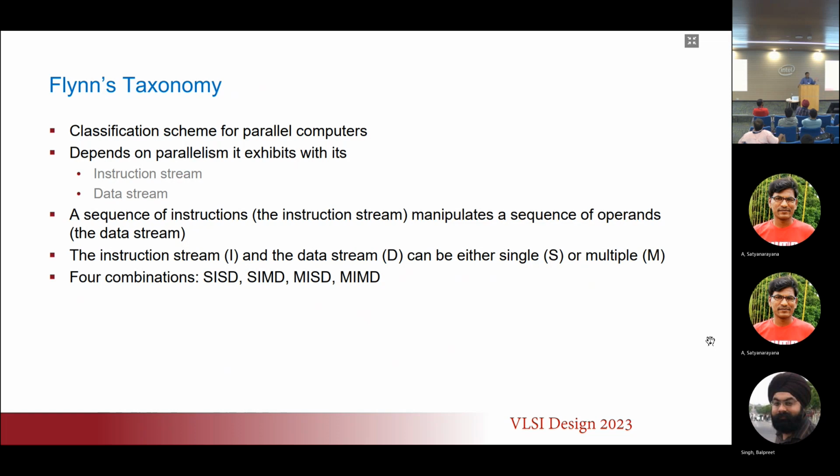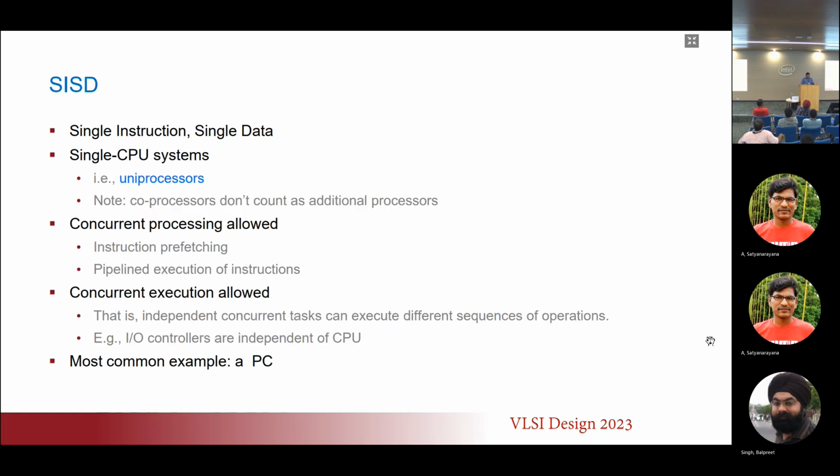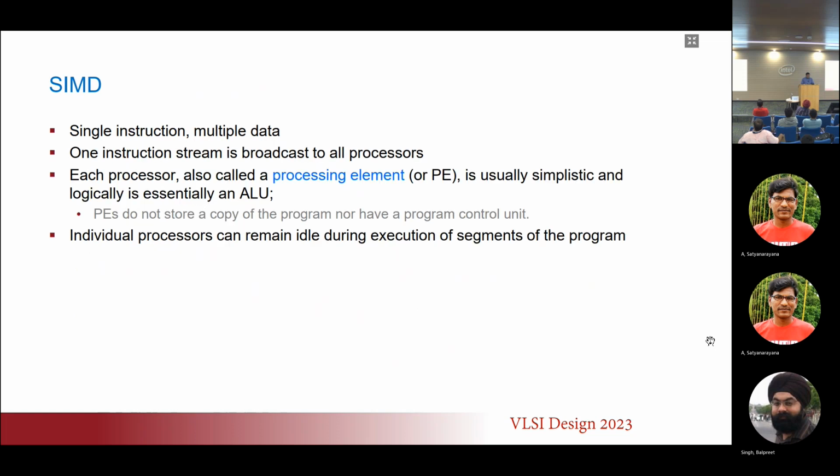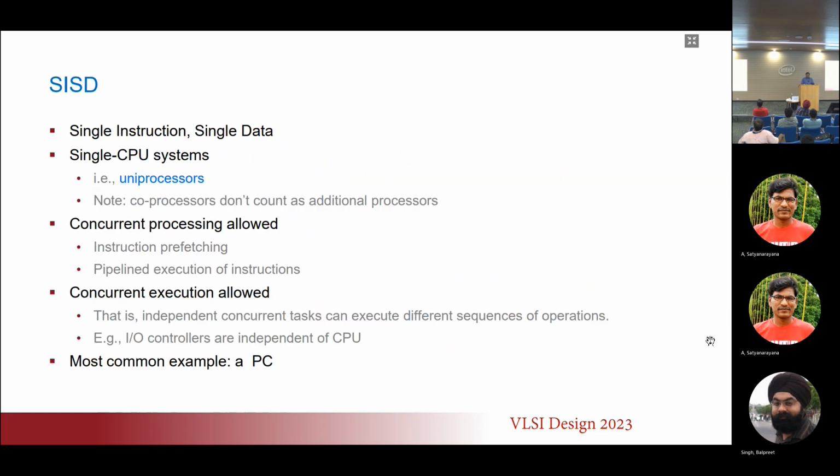So I'll have multiple instructions, and I can have multiple data. Accordingly, I end up with 4 combinations. I'll skip over SISD, which is the basic CPU architecture, like your ARM processor, or the older Intel Atom processor. Single instruction, single data.